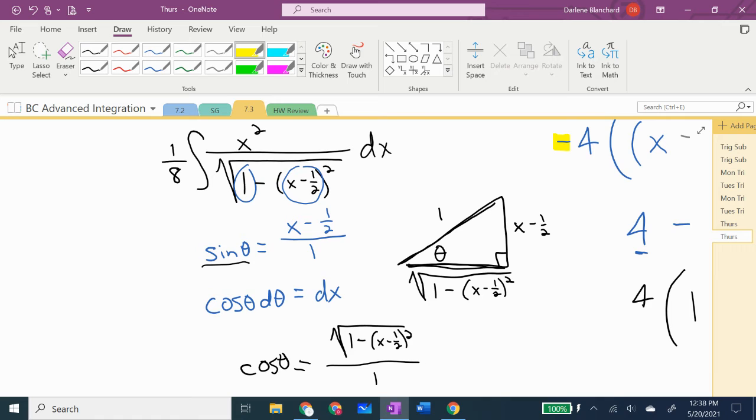So I have my entire square root in the denominator will be replaced with cosine. My dx will be replaced with cosine theta d theta, but I've got to isolate my x to deal with that x squared.